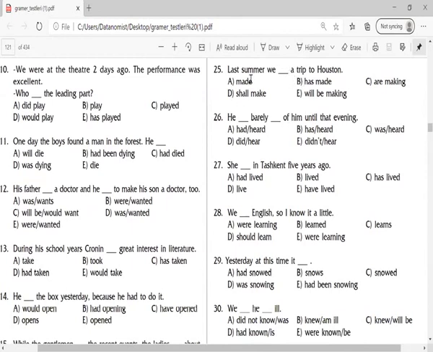We made. Okay. She dashed in Tashkent 5 years ago. 5 years ago passed. So we too lived. Okay. We dash English, so I know it a little. Okay. We were learning, we learned, we learned, we should learn, we were learning. Okay. So this is what past is.